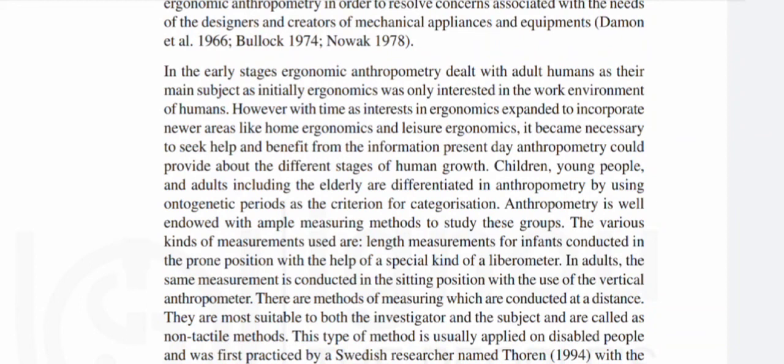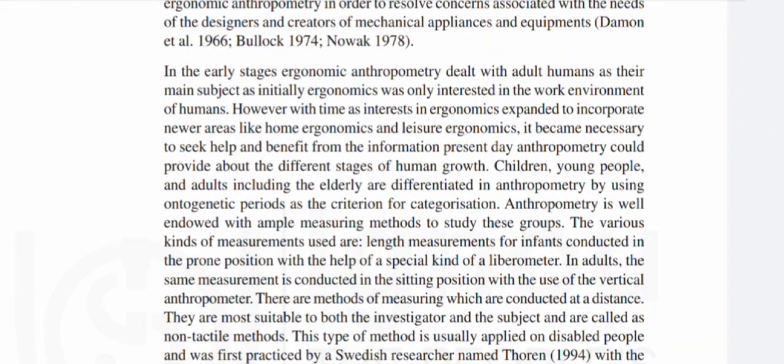Children, young people, and adults, including the elderly, are differentiated in anthropometry by using ontogenetic periods as the criterion for categorization. Anthropometry is well endowed with ample measuring methods to study these groups.